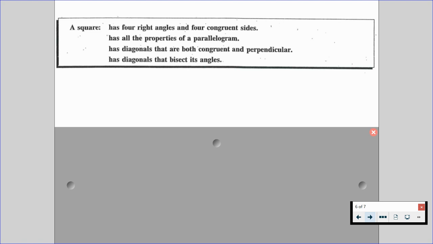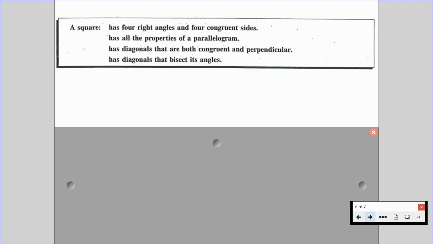Now we have another type of special quadrilateral. It's a square. A square has 4 right angles and 4 congruent sides, has all the properties of a parallelogram, has diagonals that are both congruent and perpendicular, and has diagonals that bisect its angles.